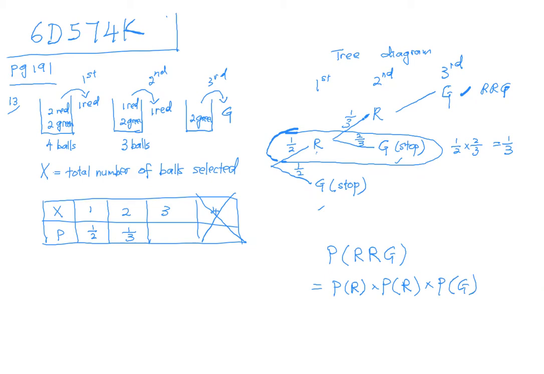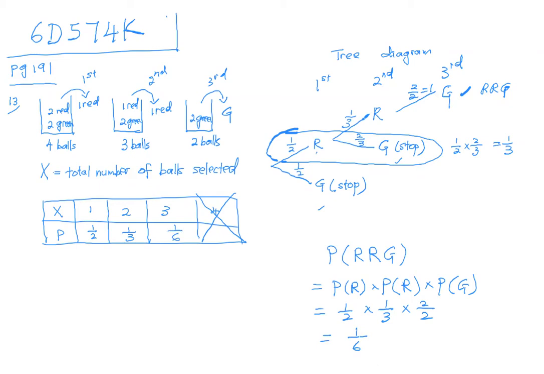I have only one outcome. So this is half. The second one is 1/3. And now, what is the probability of getting green on the third one? There are 2 balls in the bag, and there are 2 green. So it's 2/2, which is 1. Okay, so I get 1 out of 6.